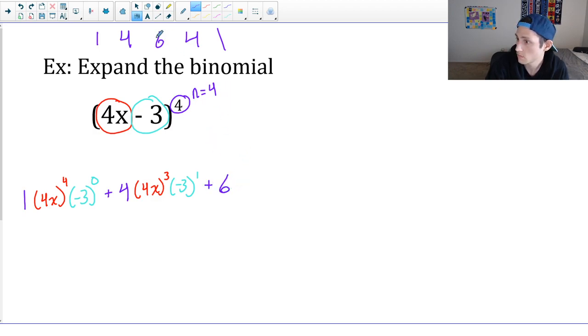Next term, we use the 6: 4x squared, -3 also squared.